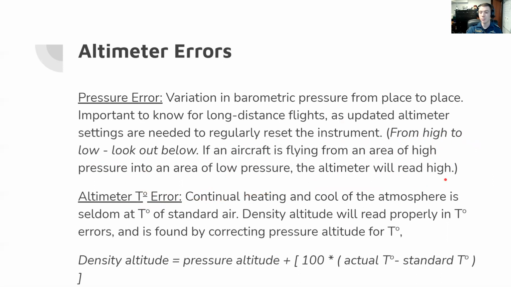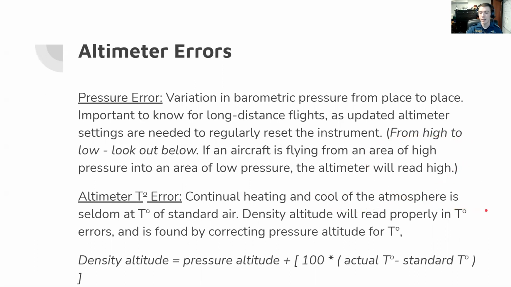So yeah. Calculating this error. Continual heating and cooling of the atmosphere means that the temperature is very, very rarely actually what we consider to be standard temperature. So if you remember from your IKO what that temperature is, I'd recommend checking your notes if you don't have it already. That really doesn't occur very often, just in a few months in Canada, and it can be hard to dictate that otherwise.